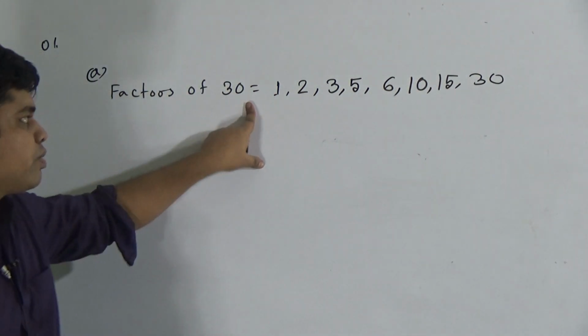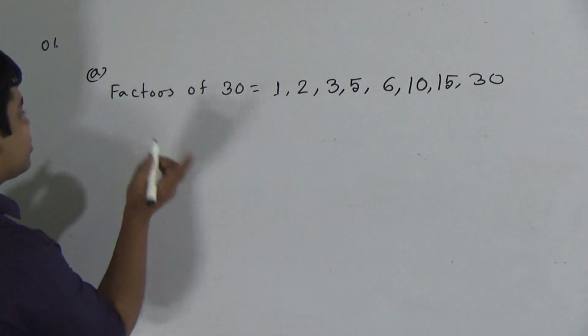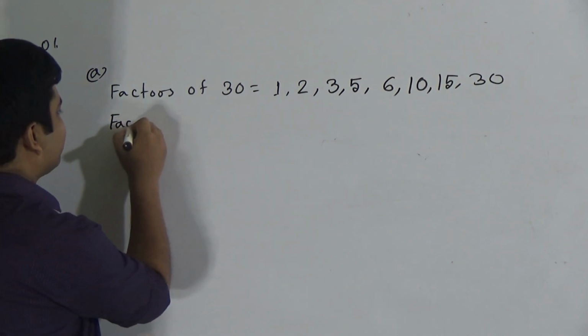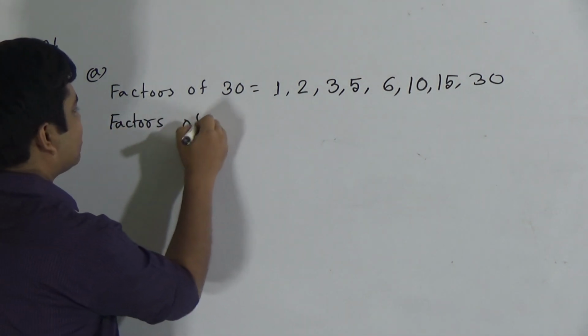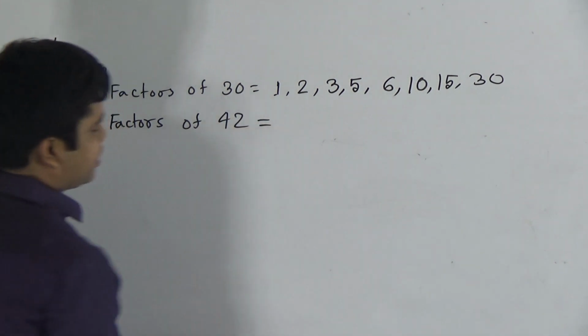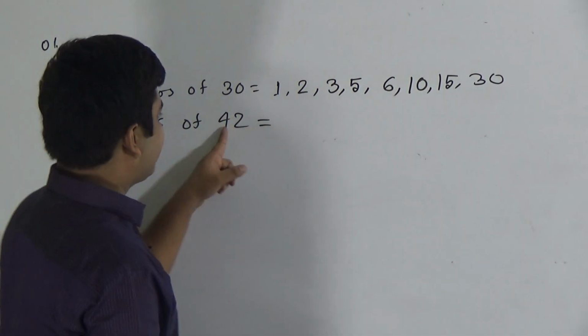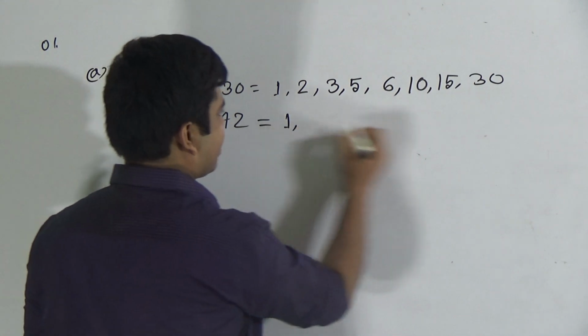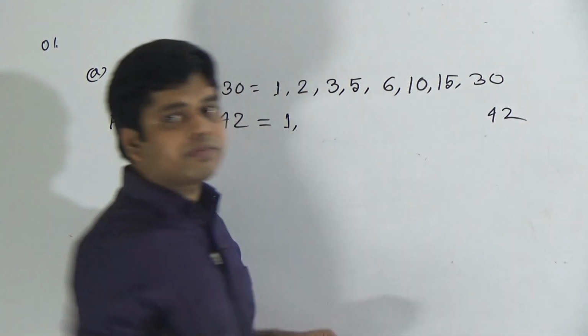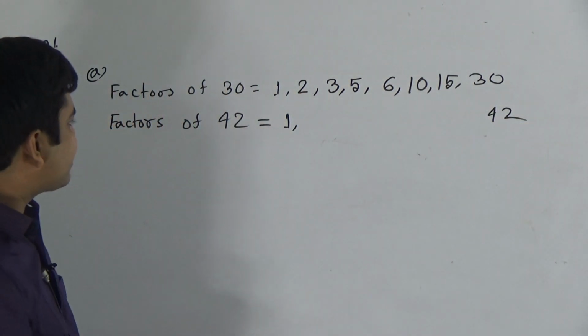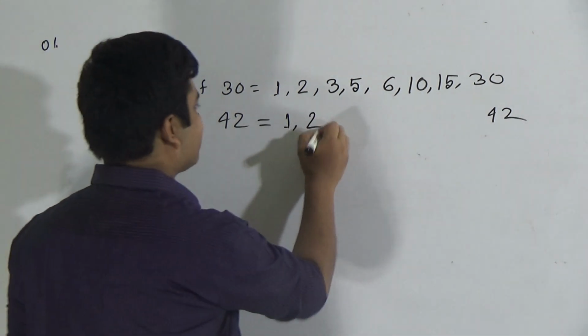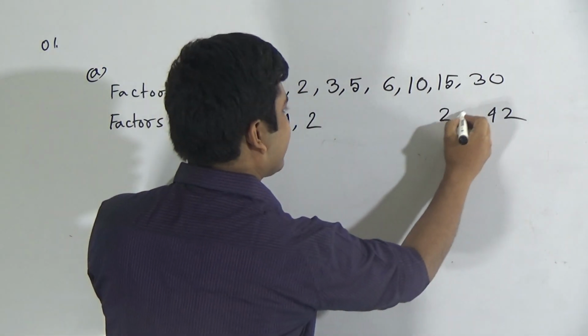I hope you have understood. Next one, factors of 42. Notice, first of all, we divide this number by 1, and 1 and 42 are the factors of 42. Next, 2, we divide this number by 2. 2 2s are 4 and 2 1s are 2.